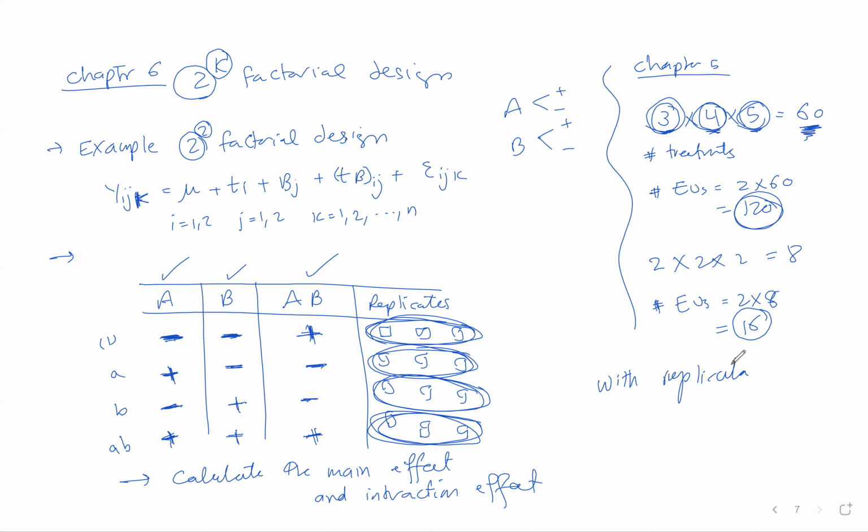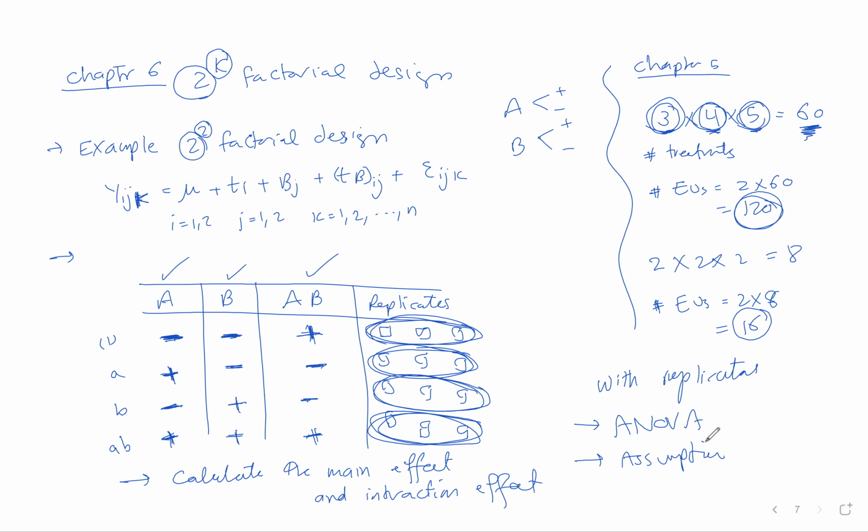And also the ANOVA table: in the ANOVA table, I can test the main effect of A, main effect of B, and interaction between A and B. I can include all the effects in the ANOVA table. Why? Because I have replication. Having replication means you have enough degrees of freedom to estimate all the main effects and interaction effects and the experimental error sigma square, and test all of them because you have plenty of degrees of freedom. And be familiar with the 3 assumptions again.